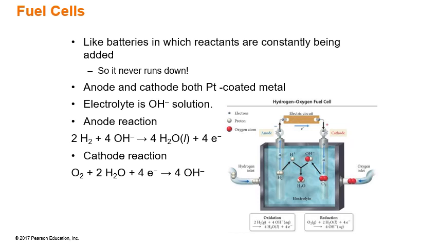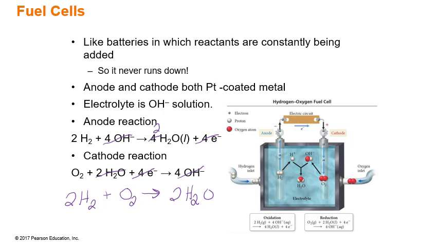So our overall chemical reaction is 2 hydrogen plus oxygen gives us 2 water molecules. So our water would cancel, our hydroxides would cancel, and our overall reaction would produce water.